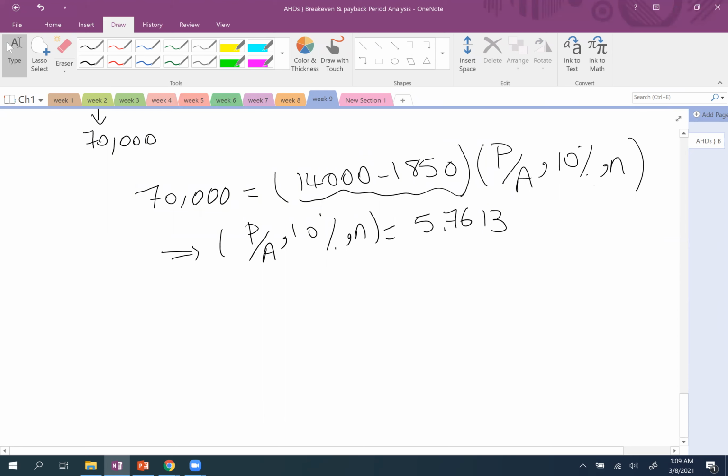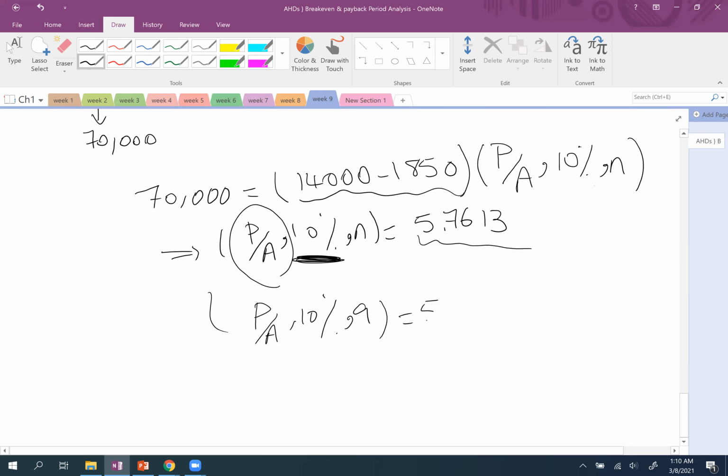Okay. If I go to the table that we have for 10%, look at the column of P given A. You want to find the closest number to this. P given A, 10% and 9 is equal to 5.7590. So it seems that the value of N that we are looking for is slightly greater than 9. If you really want to find the exact amount, you have to do some interpolation.